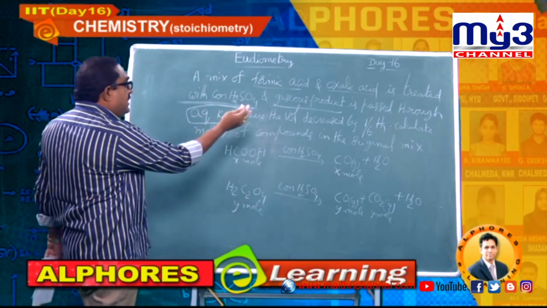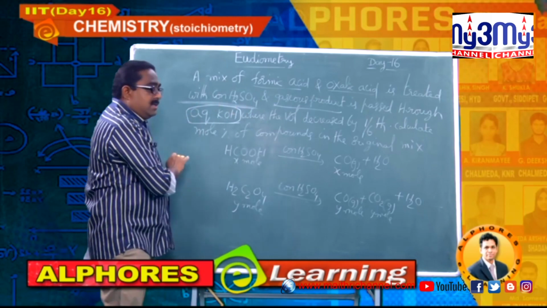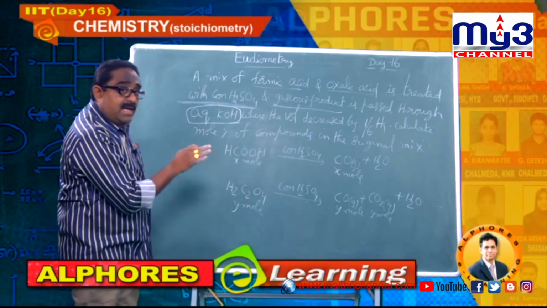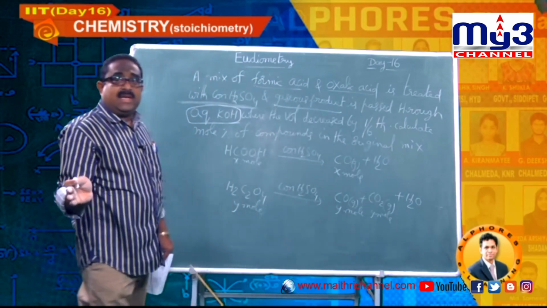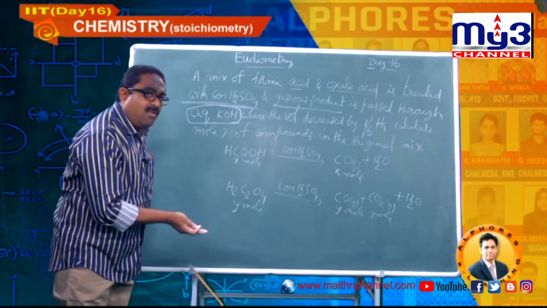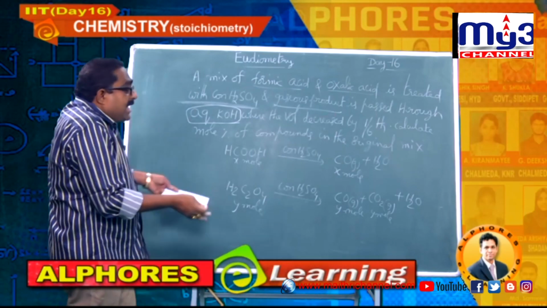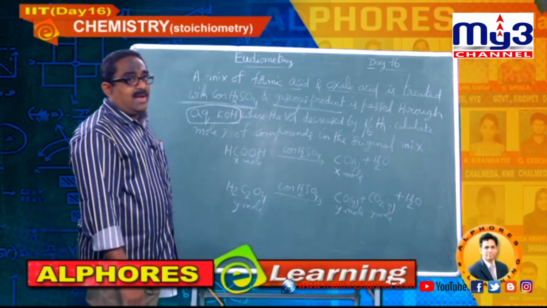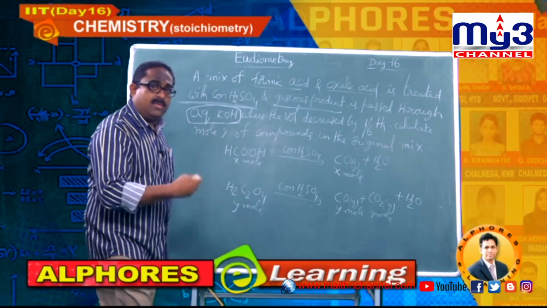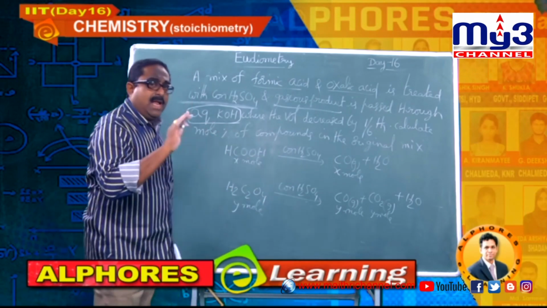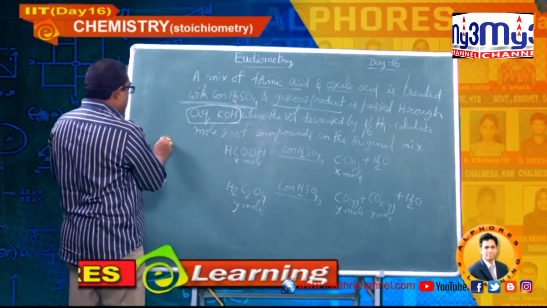If the mixture is passed through this, carbon dioxide gas will be absorbed and the volume is decreased by 1/6. So what is the actual volume? For gas mixtures or reactions, we know the mole ratio is equal to the volume ratio. Moles also we can take as volumes, no problem.